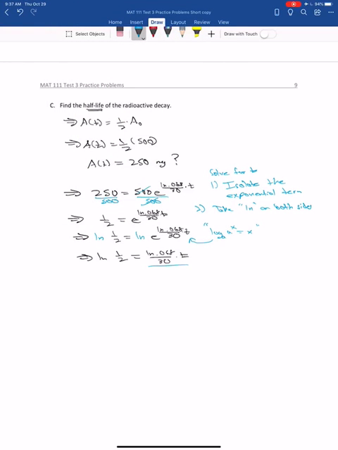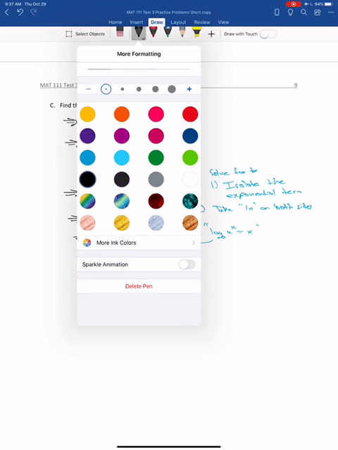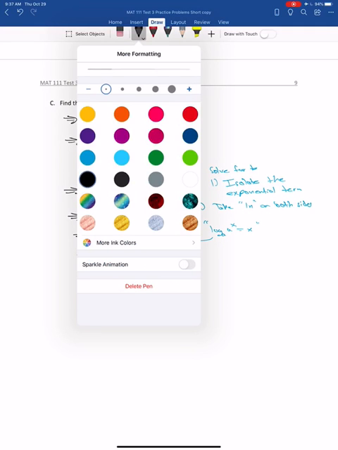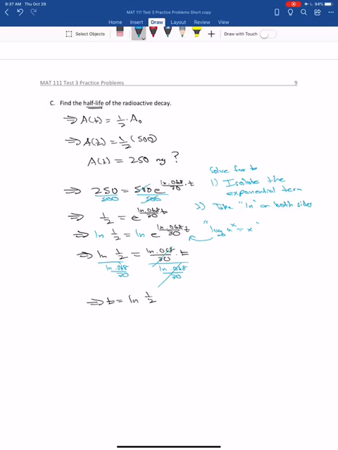So let's go ahead and divide out that coefficient on both sides. We'll multiply by the reciprocal. Same thing, but yes, we're dividing that out. So this gives us the t value. So t is equal to the natural log of 1/2, and we know that dividing by a fraction, we multiply by the reciprocal.